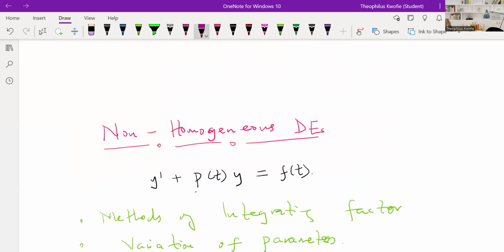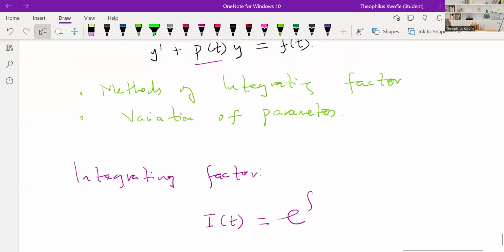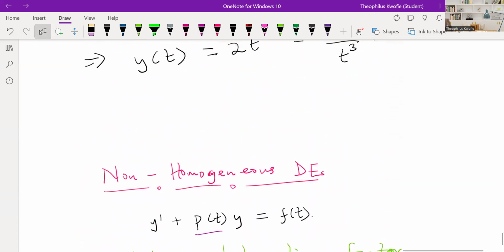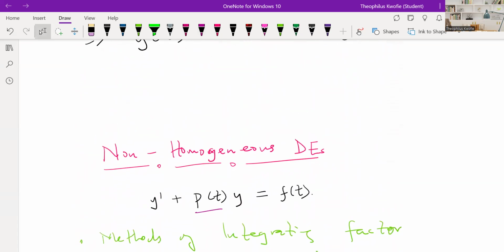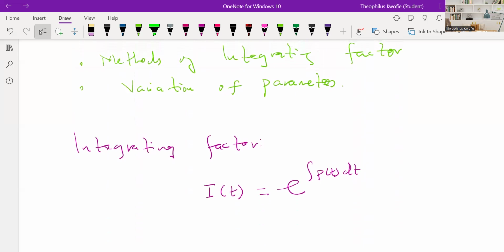We are going to pick the coefficient of y, which is p of t, p dt. Very good. So this is an integrating factor. Anytime we find a non-homogeneous differential equation of this nature, one of the easiest techniques is what we call the integrating factor.